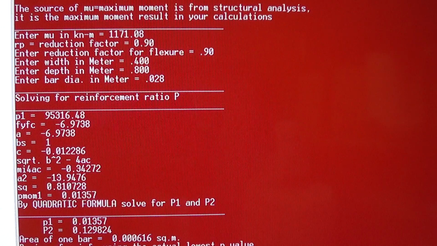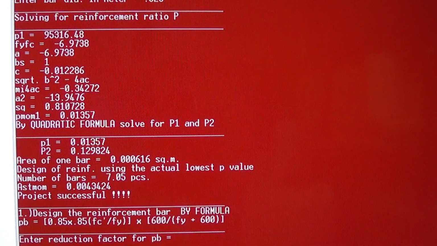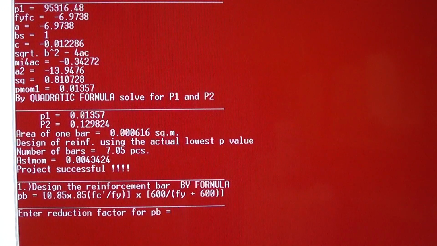So where are we now? Here. In a quadratic equation, there are two results. This is x1 and x2 in algebraic expression. And there are two p's here. If the other p is negative, you've got to use the positive one.